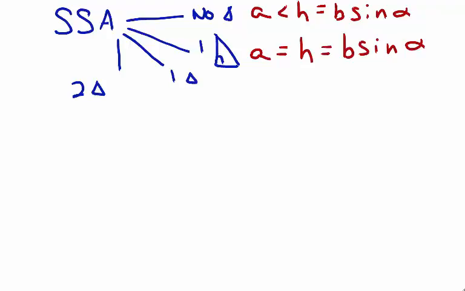If there's one triangle, then side A is greater than or equal to side B, and side A is greater than the height equal to side B times sine of alpha.